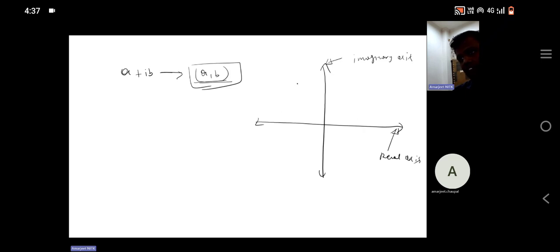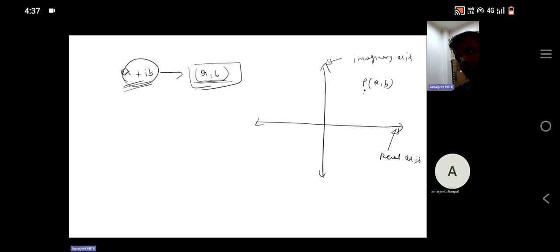And this coordinate plane is known as the complex plane or Gaussian plane. Suppose a comma b is this point P. P is nothing but a comma b, and this point denotes the complex number a plus iota b.